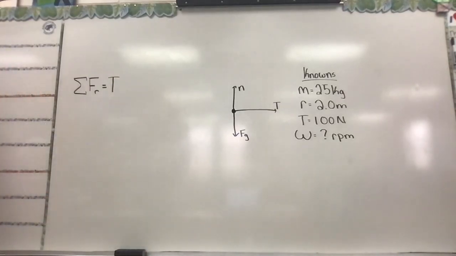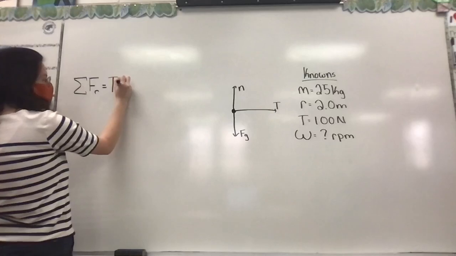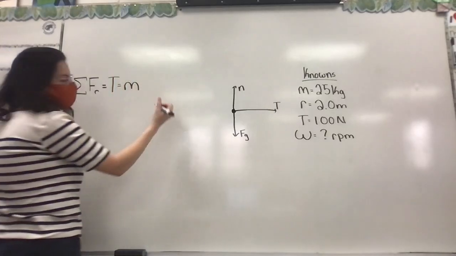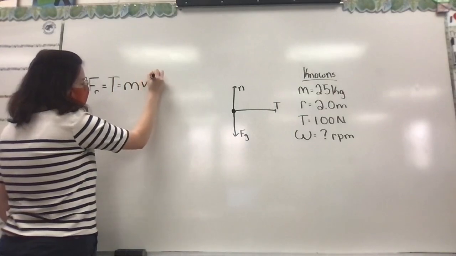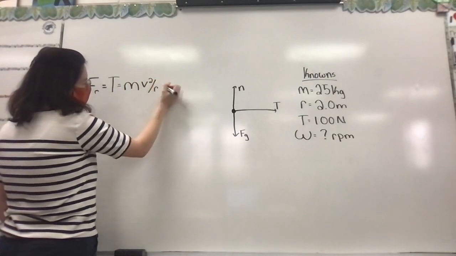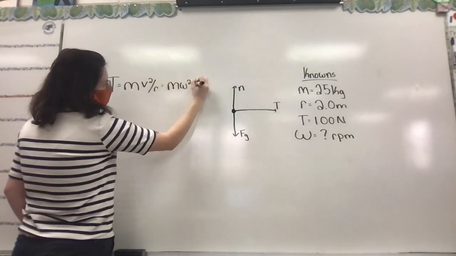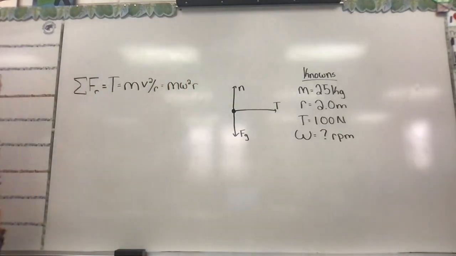Was that on the board represented? That's roped into the acceleration, into the tension, right? Because this is going to be equal to m v squared over r. Or, you know, m omega squared r, but do we have omega? No, we don't have that, okay?